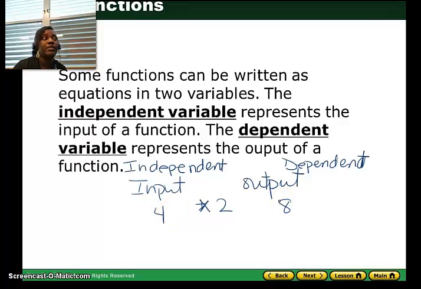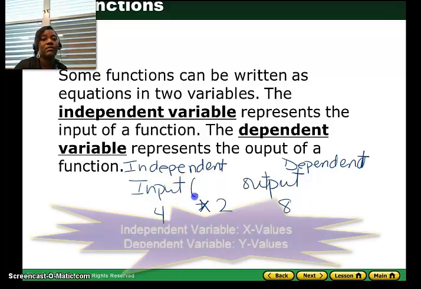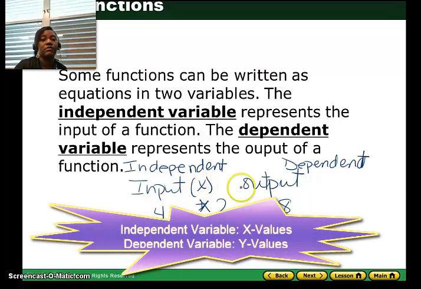Pretend you're working. The more hours you work, the more money you'll make in your paycheck. So your paycheck depends on the amount of time you put in. Get it? So the independent variable would be the input, the x values, and the dependent variable would be the y values.